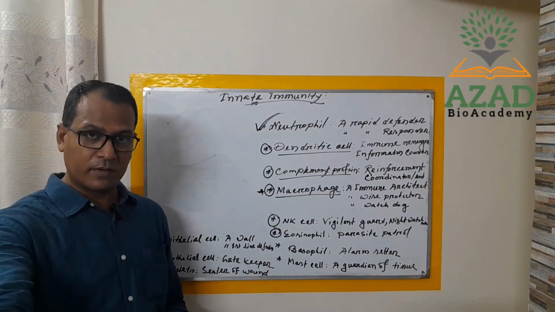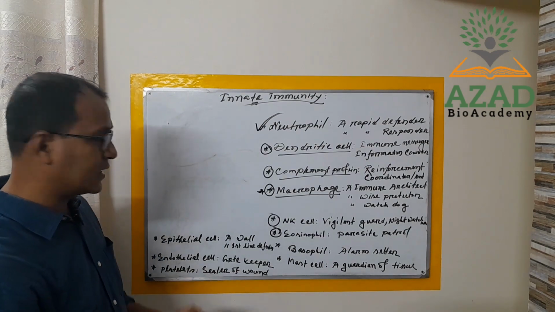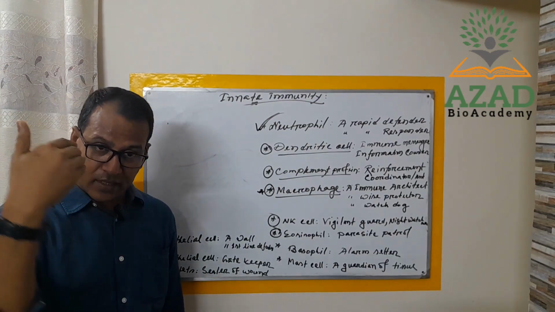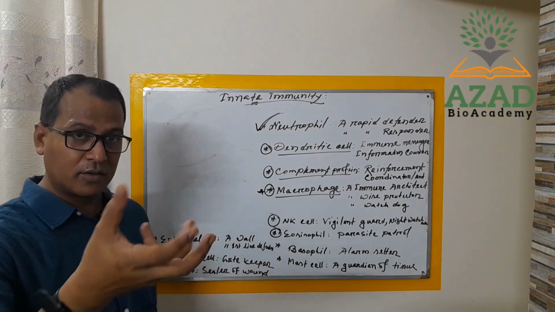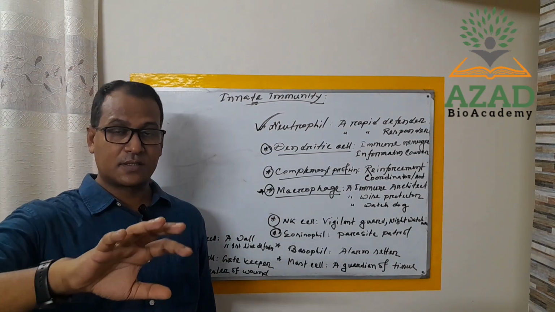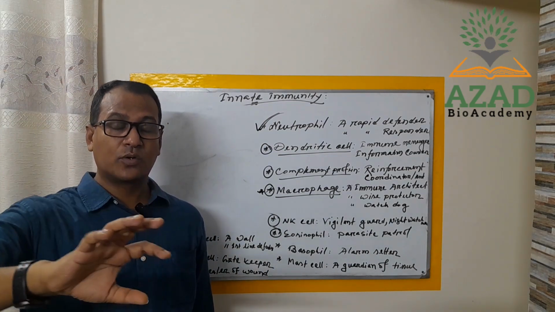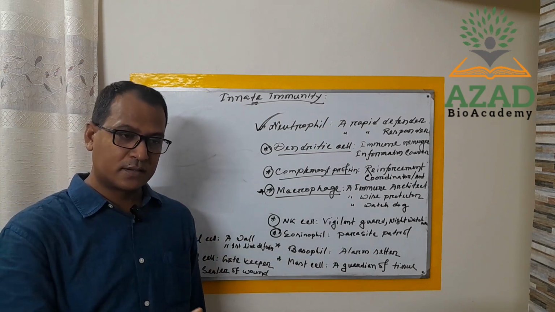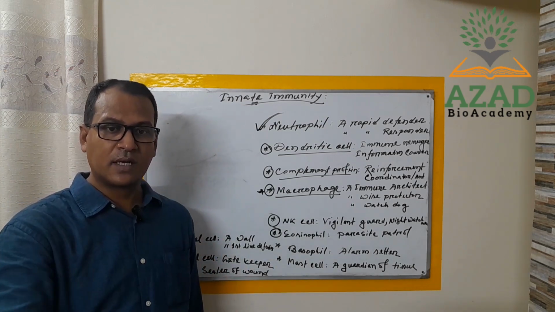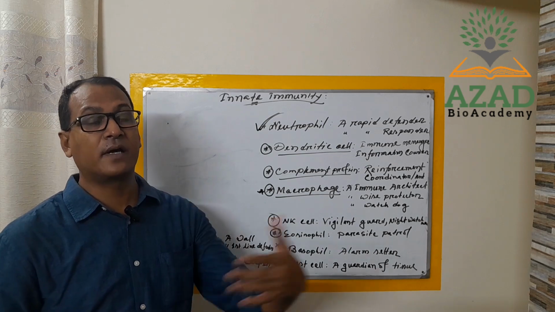And the next one is the platelet. The role of platelet. In innate immunity, in the first stage, inflammation occurs. So the cellular events occur and the cell tissues get damaged, and finally repairing occurs.